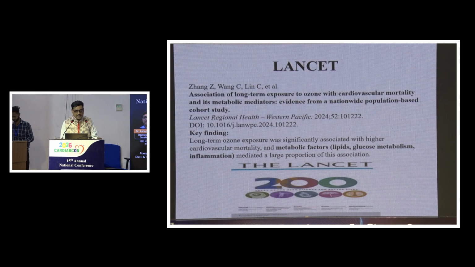As per the Lancet, there is an association of long-term exposure to ozone with cardiovascular mortality and its metabolic mediators, evidence from a nationwide population-based cohort study.